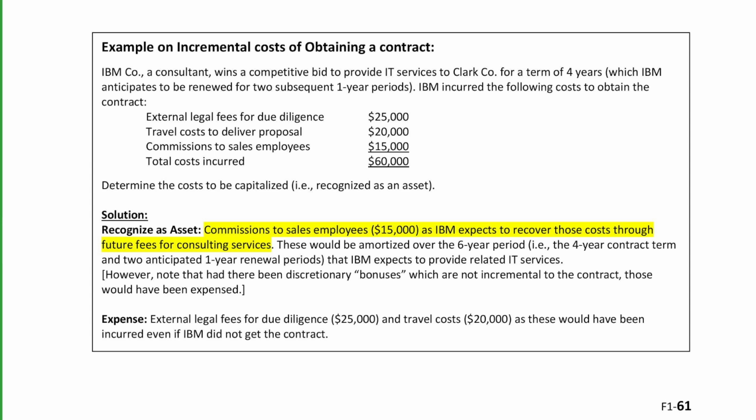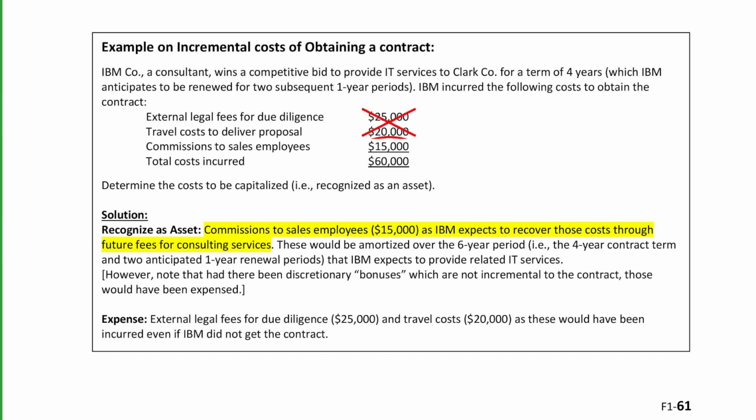And these would be amortized over the 6-year period. However, the external legal fees for due diligence, $25,000, and the travel costs, $20,000, are expensed as these would have been incurred even if IBM did not get the contract.